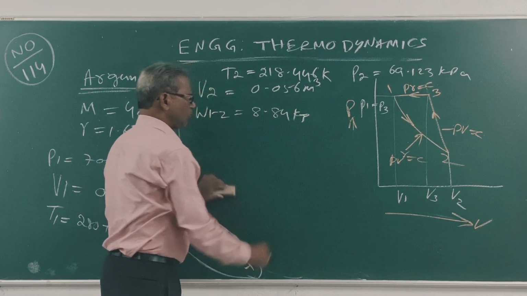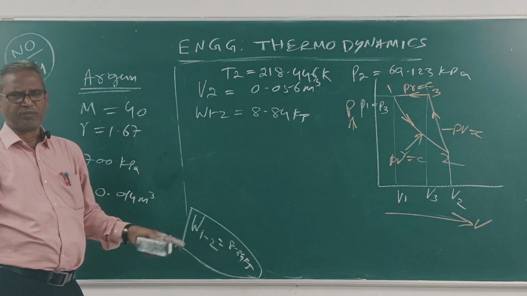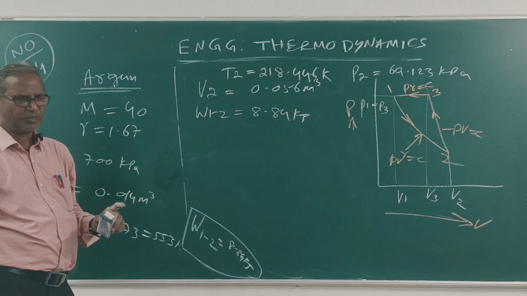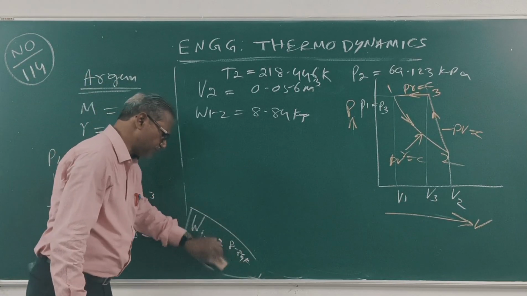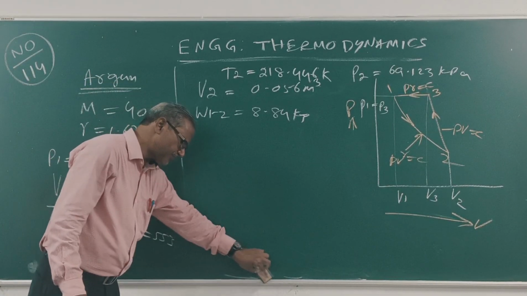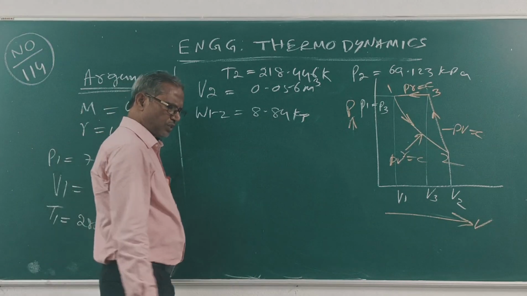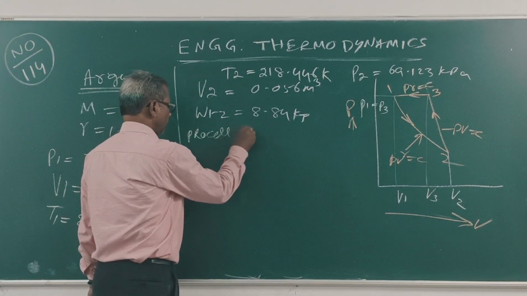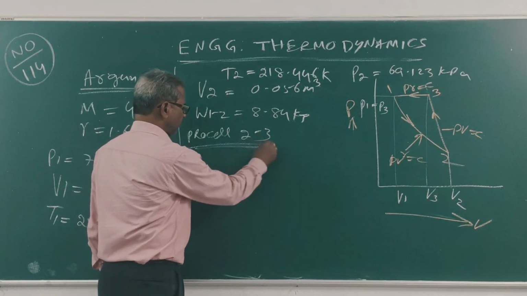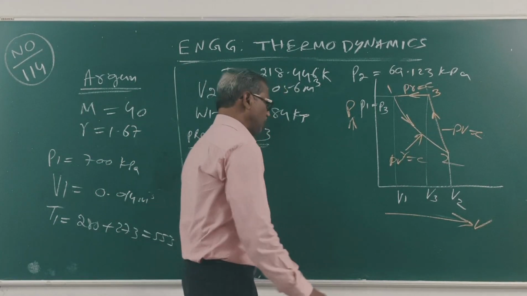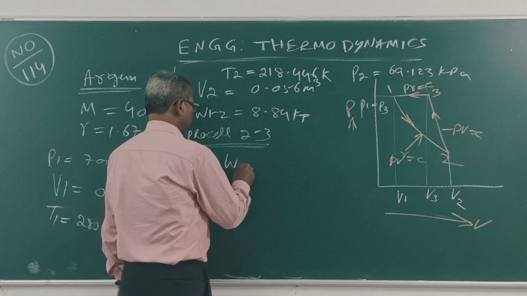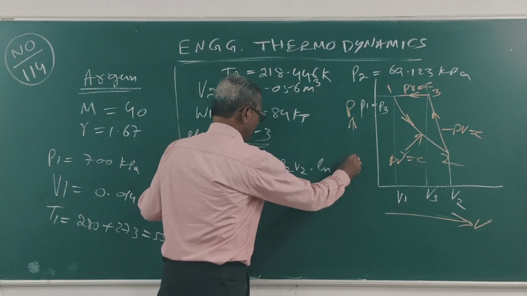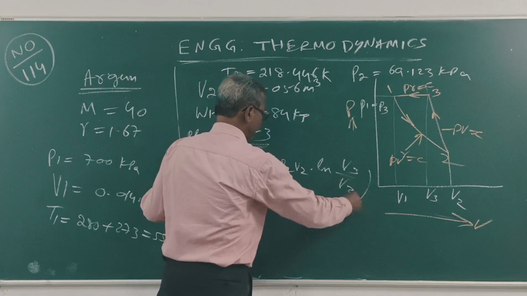Now come to process 2-3. Process 2-3 is an isothermal process, a reversible isothermal process. So the work done W23 is equal to P2 V2 ln V3 by V2.